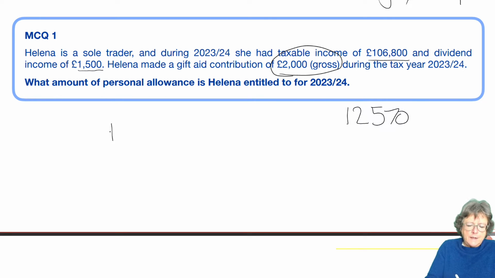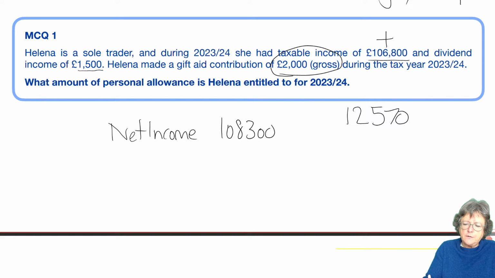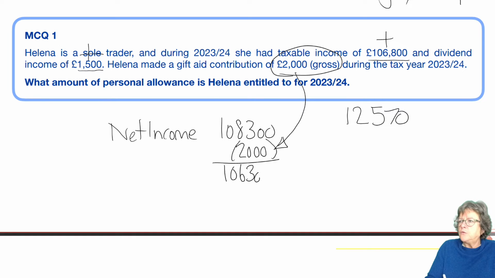So her net income is 108,300. So that's that and that added together, less that figure, brings it down to 106,300. What's the limit?